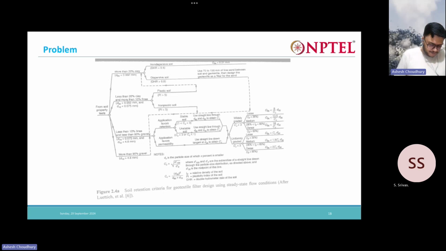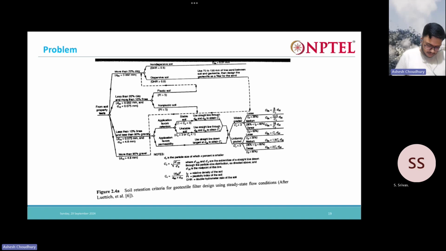Now let us see here. For less than 10% fines and less than 90% gravel, the D10 size is greater than 0.075. Is D10 given? 4.8. The D10 size is not given, but the fines are 15%, so you can take this criteria.